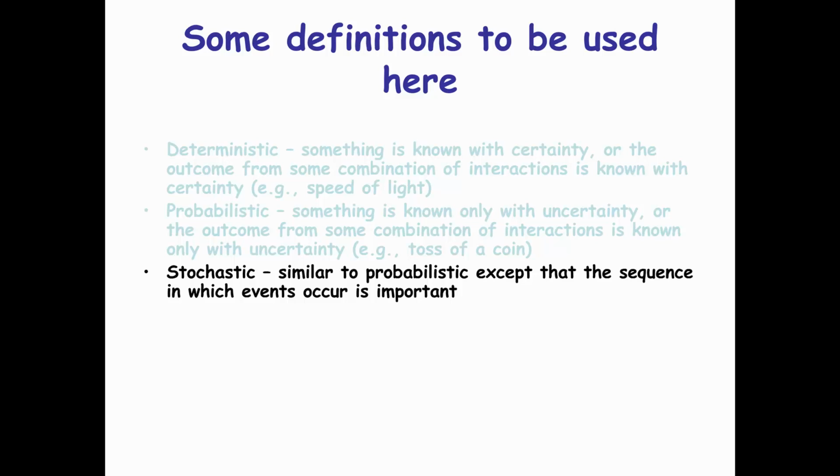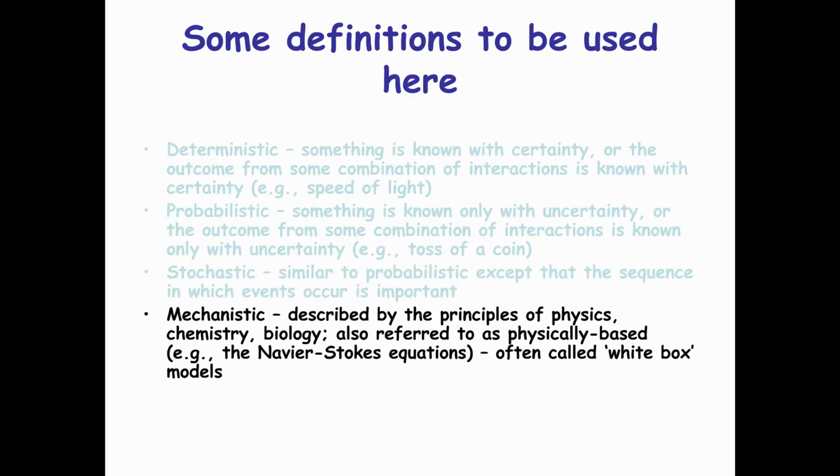Whether you have rain every day or not, rain from one day to the next, a stochastic process or stochastic event is one in which the sequence in which those events occur is important. Whereas for a probabilistic one, you could have any kind of arrangement of individual events occur. It will not affect the outcome.